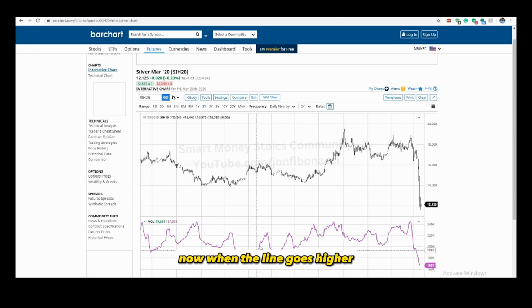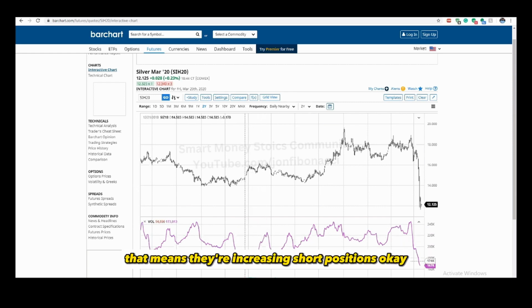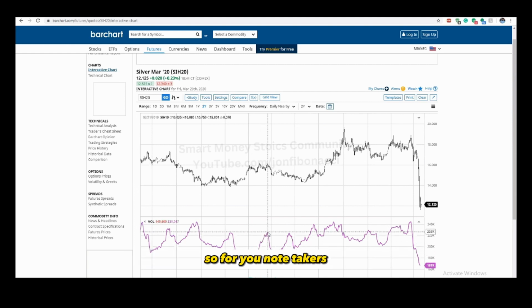Now, when the line goes higher, that means they're increasing short positions. Okay, so for you note takers, you may need to write that one down. You may need to pause the recording and go back 30 seconds and watch it again, whatever you've got to do. Okay, shorts decreasing as it goes lower, shorts increasing as it goes higher.